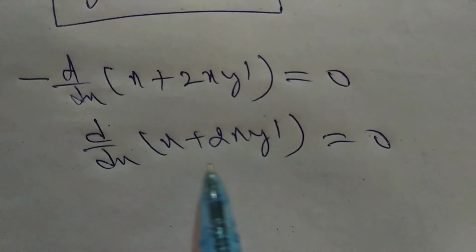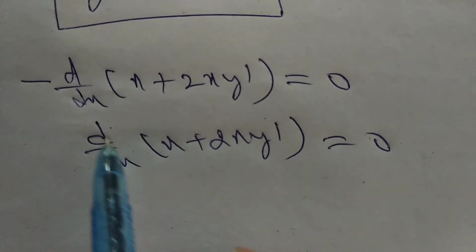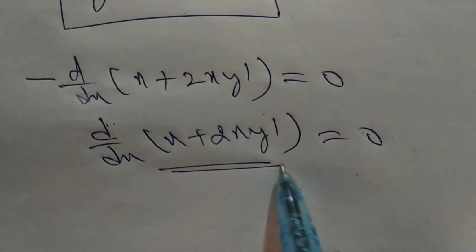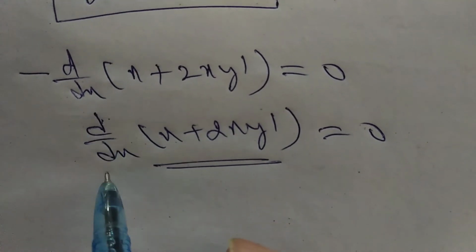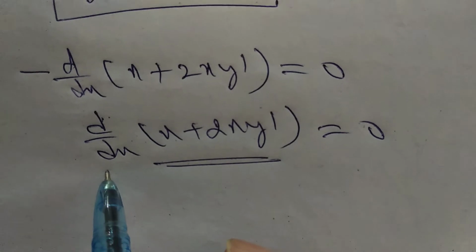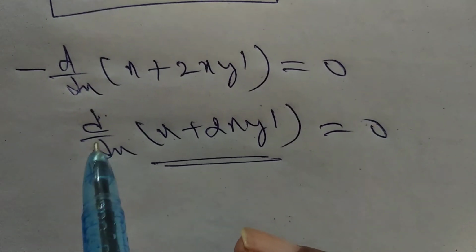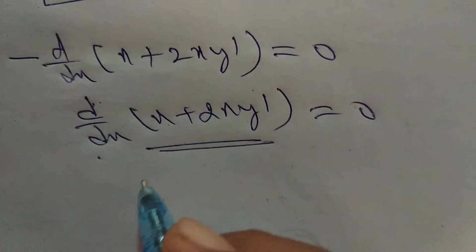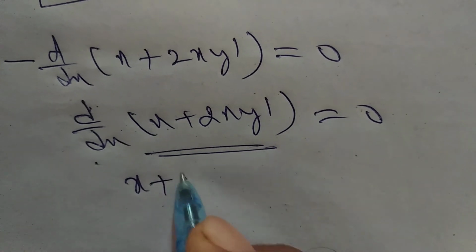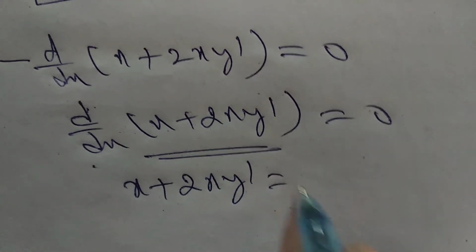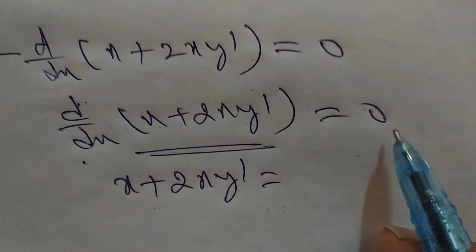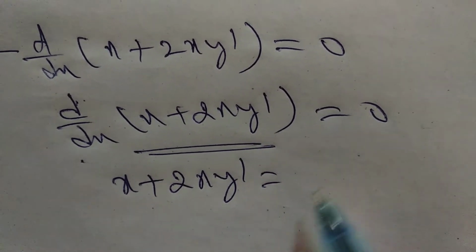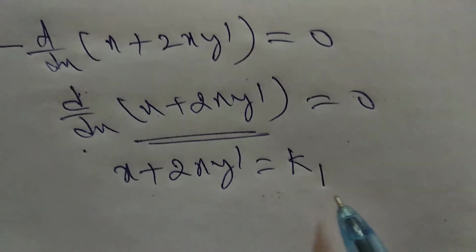Now we want the y term, but here d/dx is there. How do we get the y term? Since d/dx is there, integrate with respect to x. Integration and differentiation cancel. So x + 2x y' = integral of the right-hand side with respect to x. 0 is 0 only, but you have to add the integrating constant, which becomes k1.